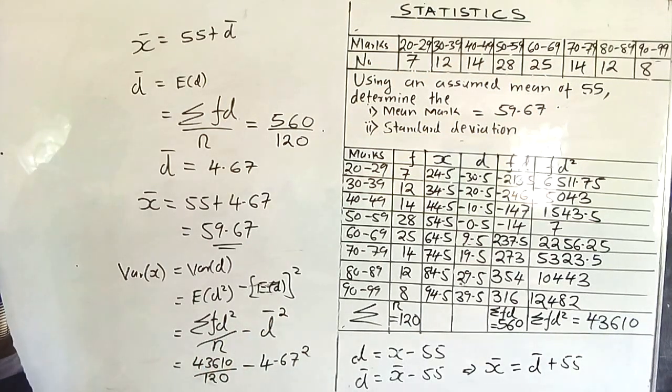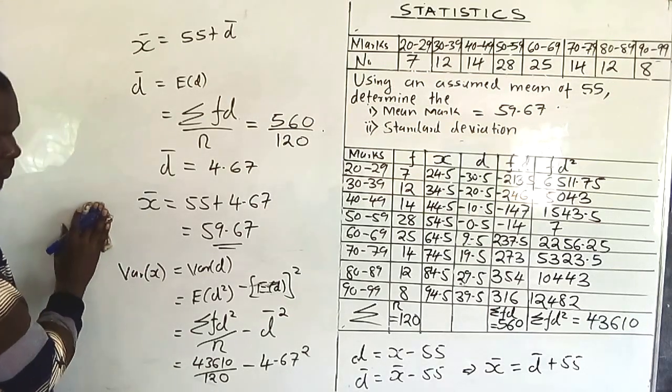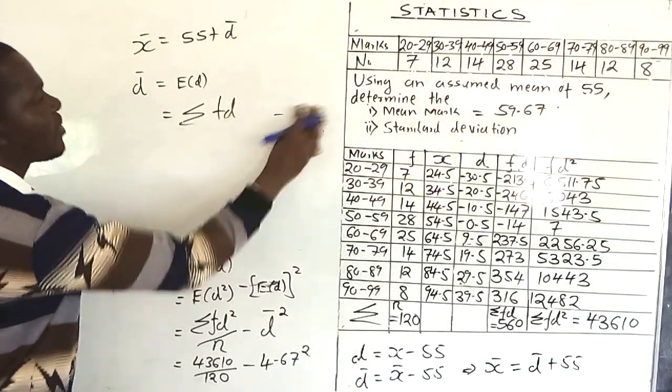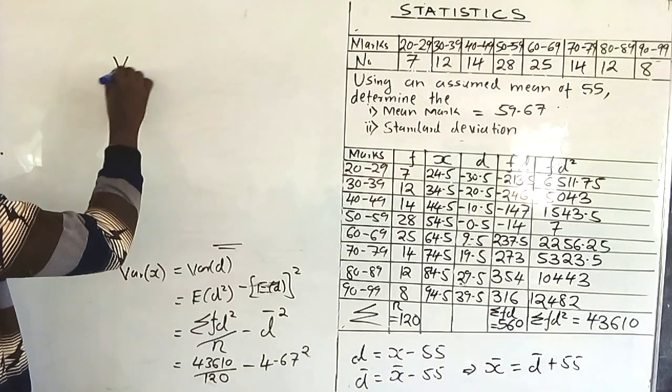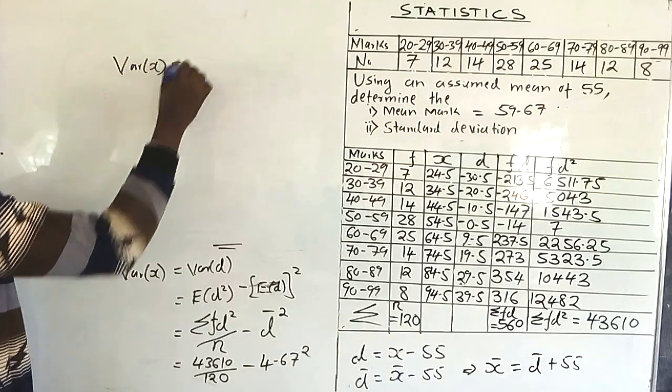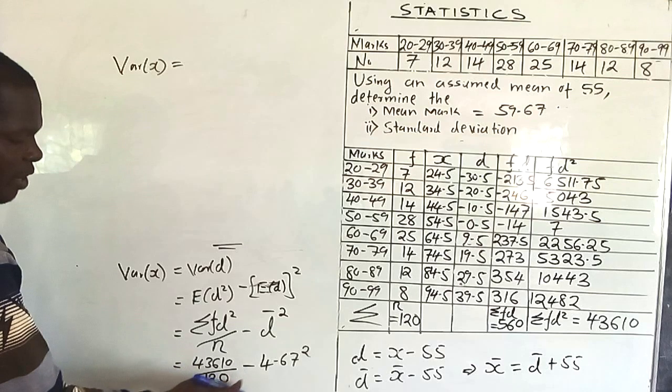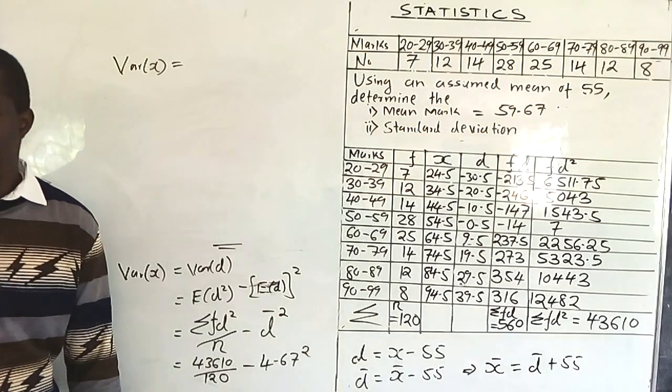So at the end, what do you get to be the variance of x? 43,610 divided by 120 minus 4.67 squared.